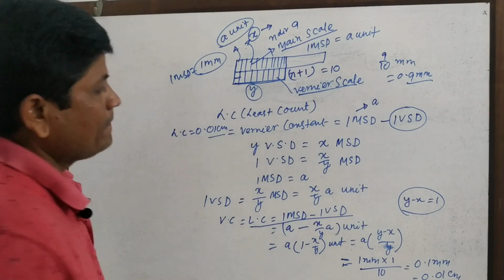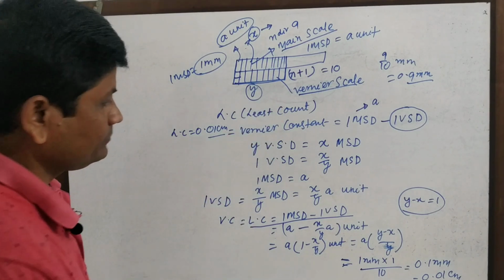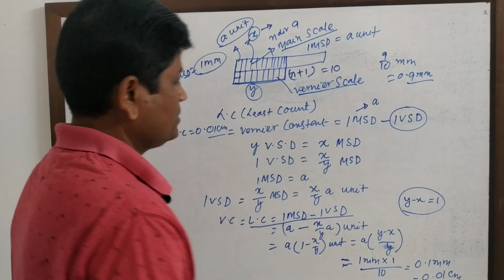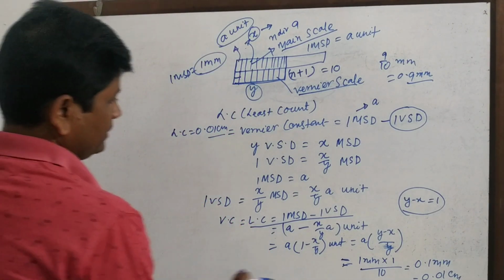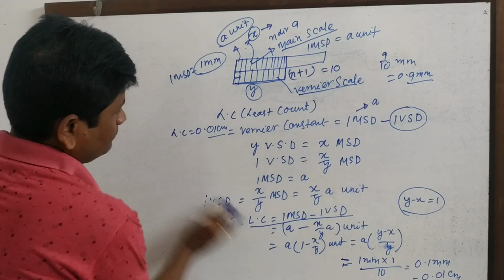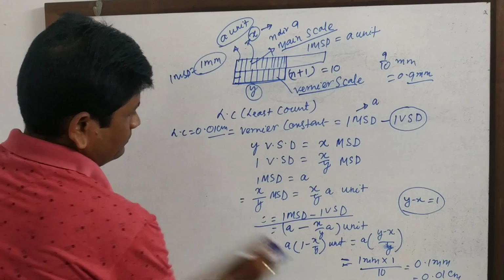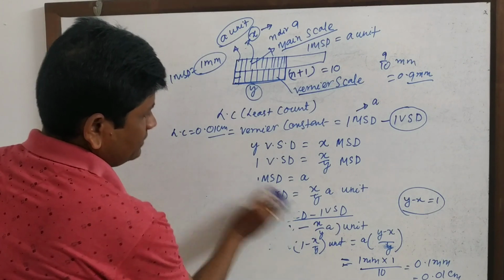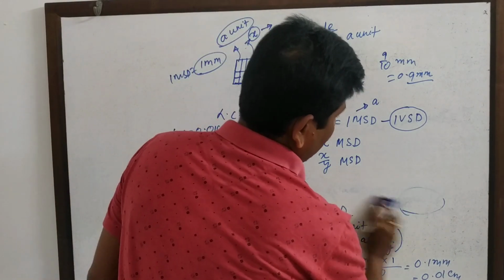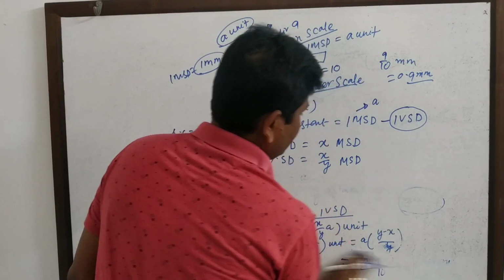It may be, but generally it doesn't happen. In those cases, we will see what happens later. But now we will see how to take a reading of the vernier scale.